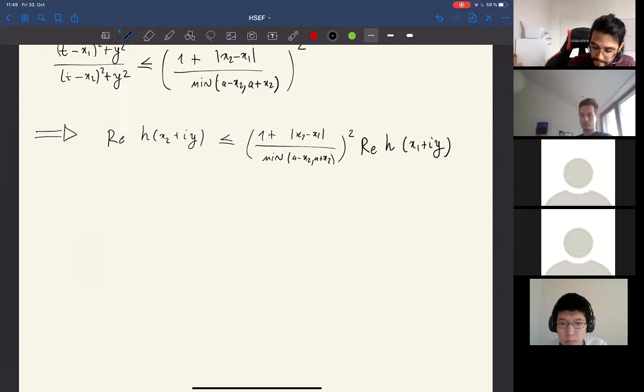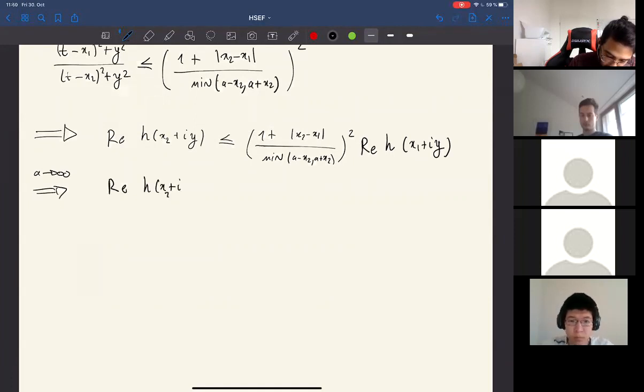Okay, and this works for any A large point of continuity, so I can take A to infinity, and we just conclude that the real part of h of x plus x2 plus iy is less or equal than the real part of h of x1 plus iy.